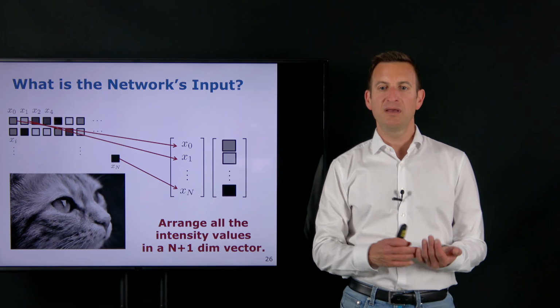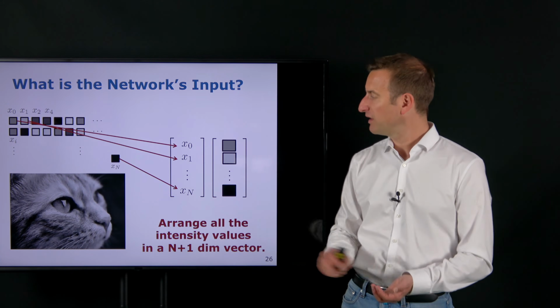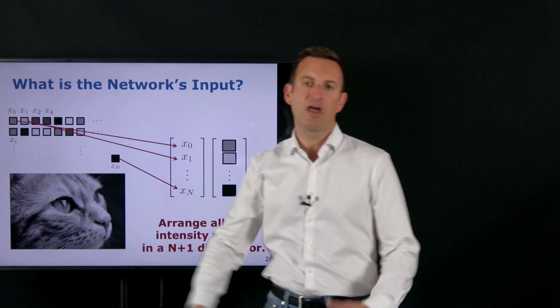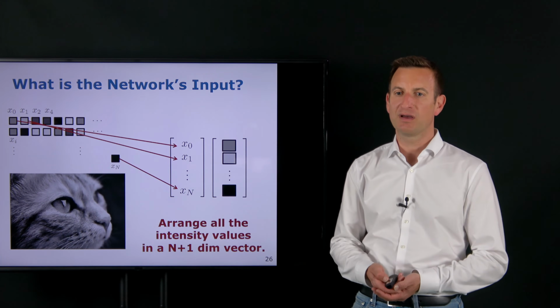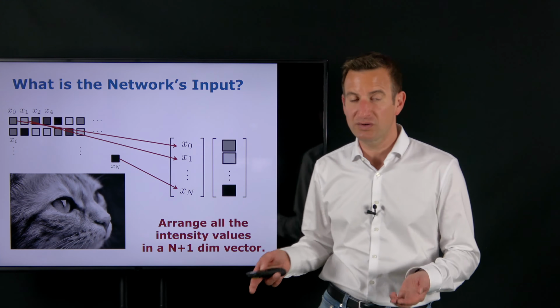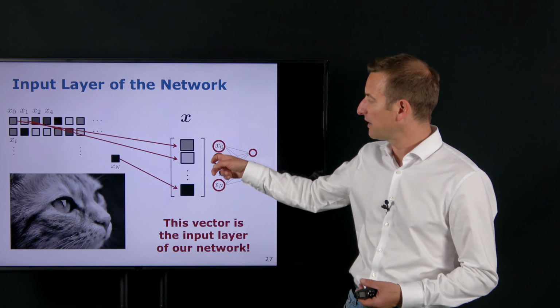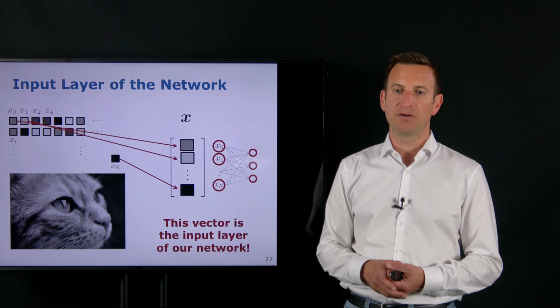So we have an n plus 1 dimensional vector which consists of the different intensity values, and these are exactly the intensity values, just copied from the pixels of our image. And those values, between either 0 to 255 or 0 to 1, or however we encode it, directly form the first layer of our neural network.